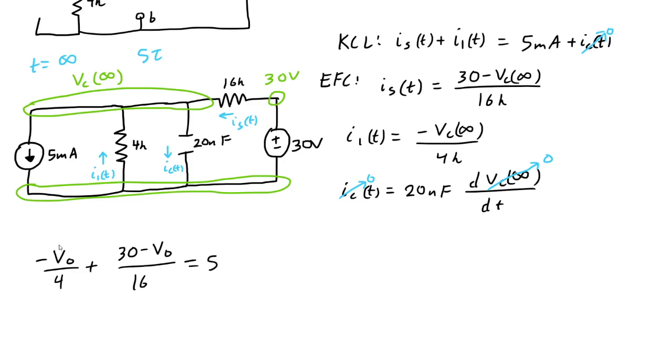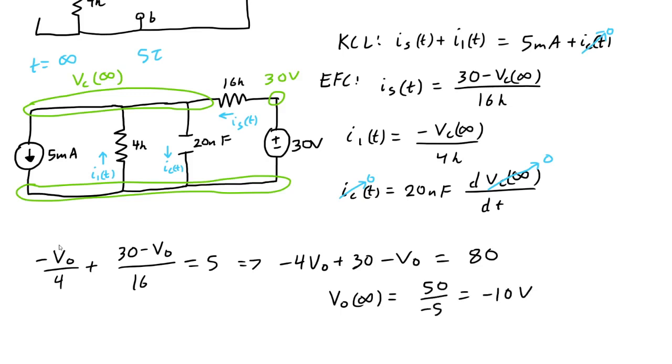I'm neglecting their orders of magnitude because they're going to cancel out. So we're going to multiply everything out: minus 4 VO plus 30 minus VO equals 16 times 5, which is 80. So VO infinity is going to be 50 divided by negative 5, which is minus 10 volts.